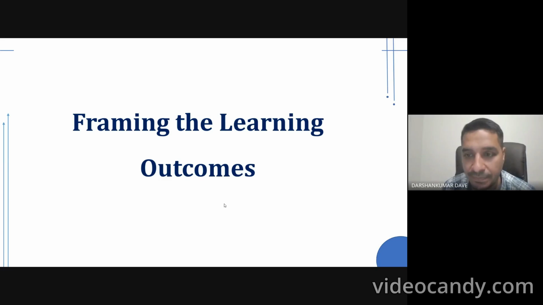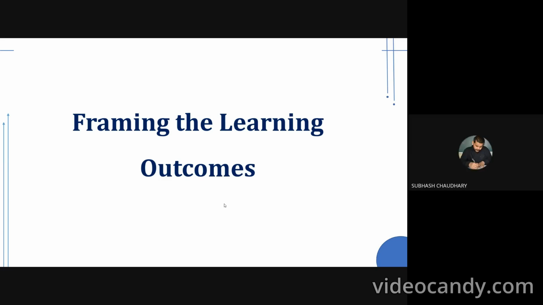Namaste, sir. I hope I am audible. Sir, as you said, in case of engineering, NBA has some program outcomes. So is this compulsory in autonomous colleges also, that their program specific outcomes are according to the university, or can they frame their own program specific outcomes and program outcomes?